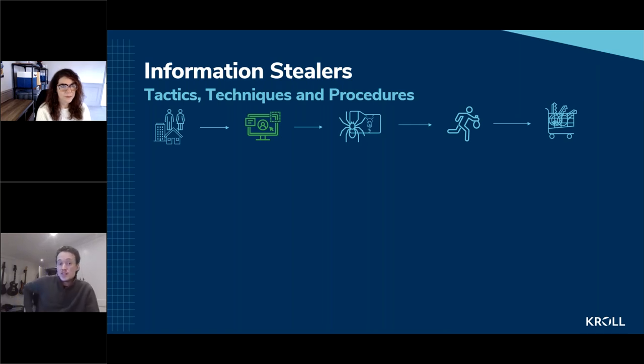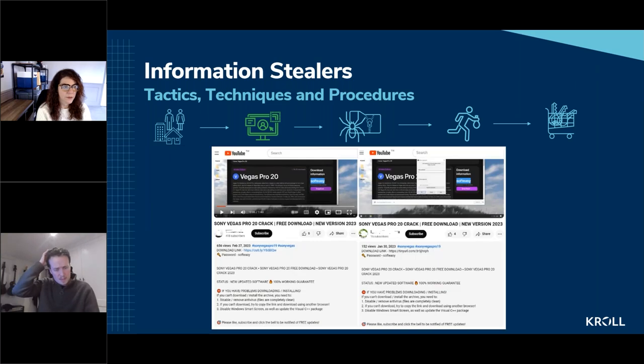So this year has seen a lot of changes in the way that information stealing malware works, mostly on the delivery side of things. Earlier this year, we released some analysis on this, and this is an example from a couple of different web pages on YouTube, purporting to offer Sony Vegas Pro for free.